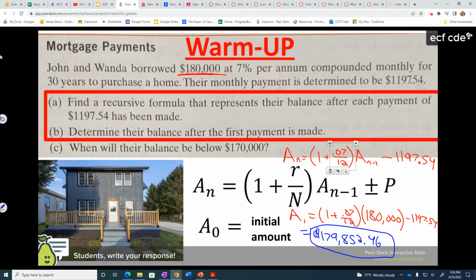No. All right, so at 57, we're at 170,057. It looks like the 58th payment is when it drops below. So after 58 payments, you'll have eliminated 10,000. So you'll have made 58 times 1,200 or whatever, and then you'll have paid off 10,000.